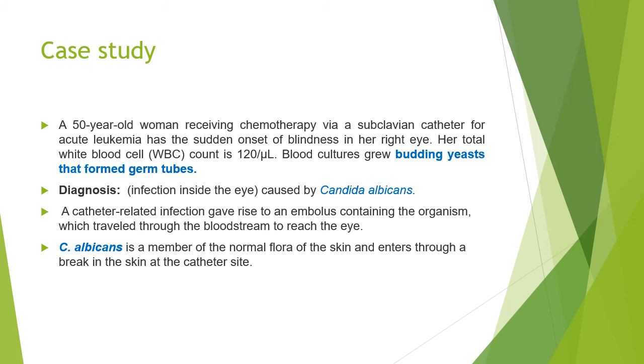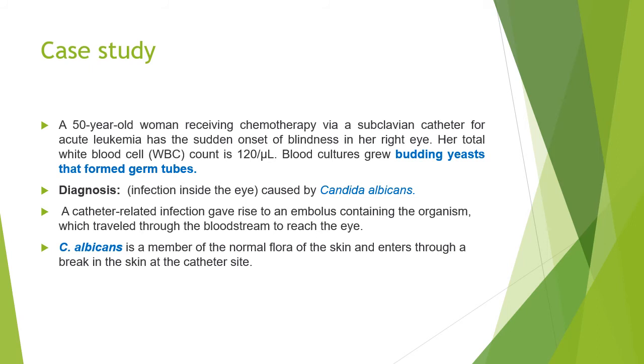The total white blood count was high, and blood culture showed budding yeast. And these budding yeast showed germ tubes. In the practical slides, again, I have described the germ tubes. So the diagnosis for this lady was infection inside the eye caused by Candida albicans.